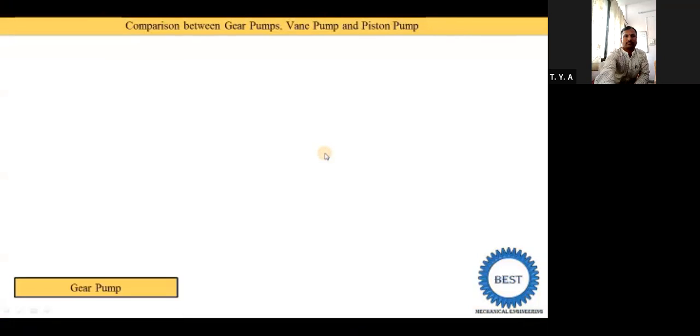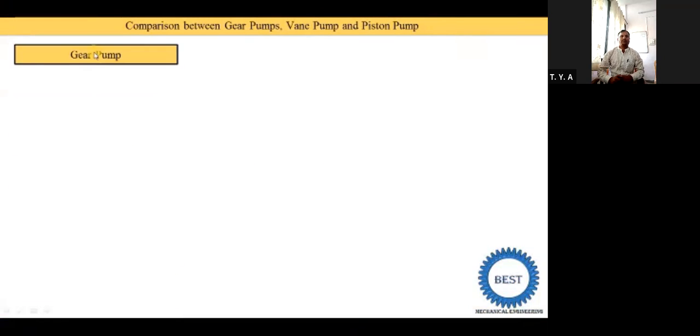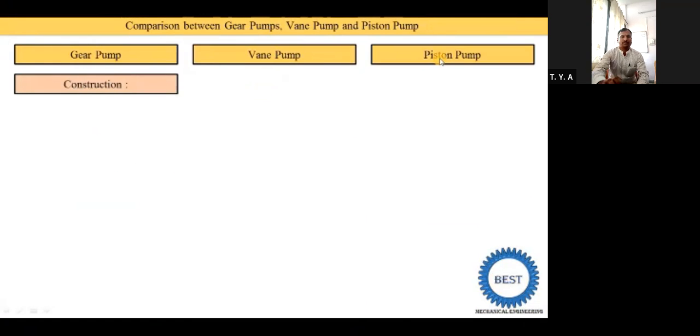So first comparison is based on the constructions. So here we mention the point of gear pump, in the middle vane pump, and on the right side a piston pump.